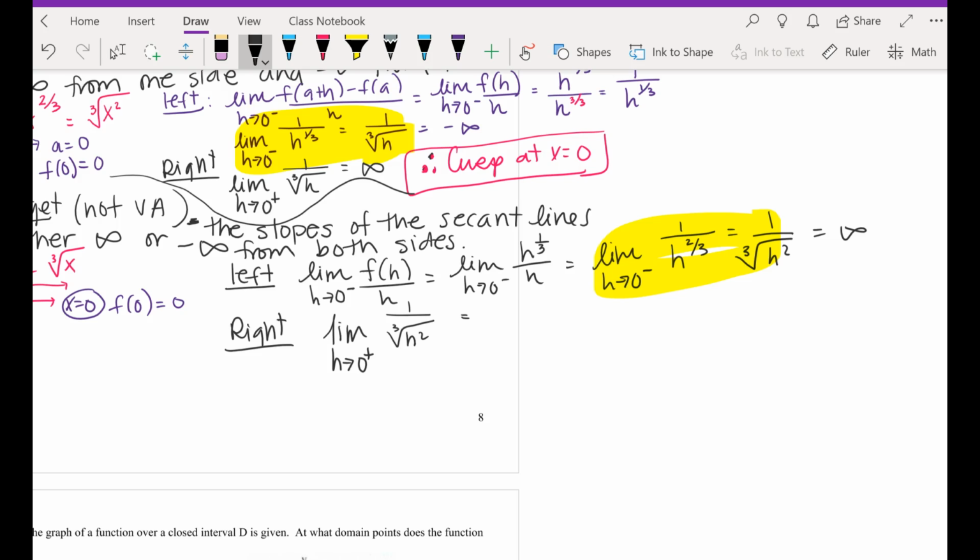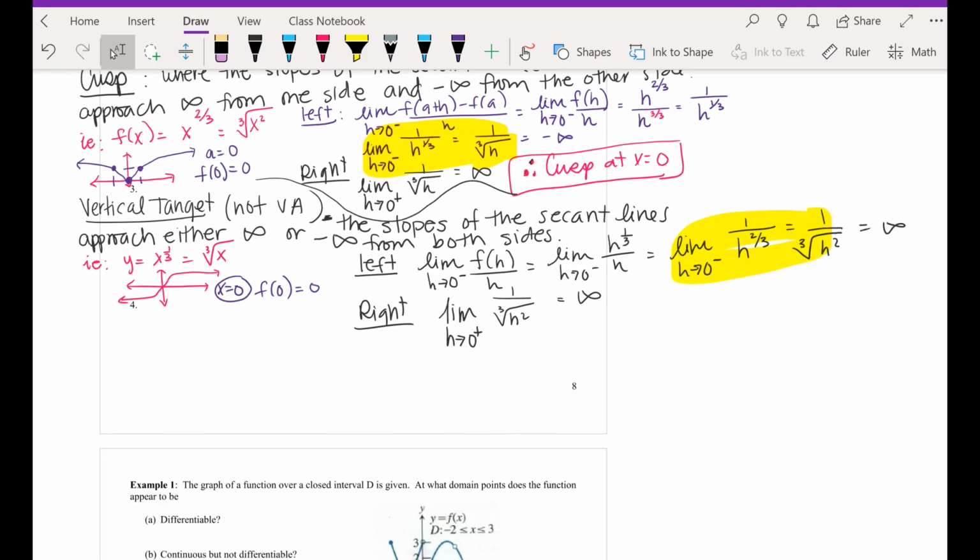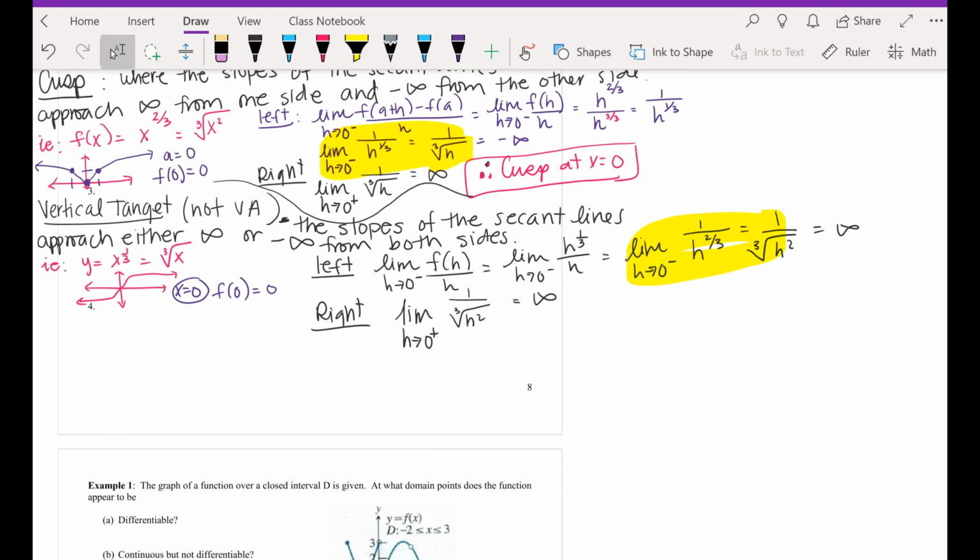Third root of that, still small. 1 divided by that small number is also infinity. So based on our definition, there is a vertical tangent at x equals 0, okay?